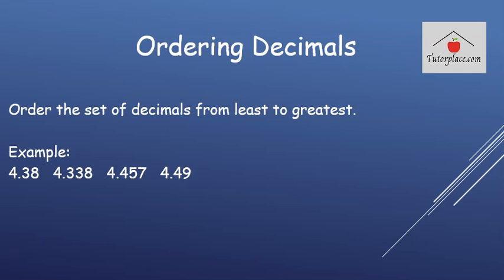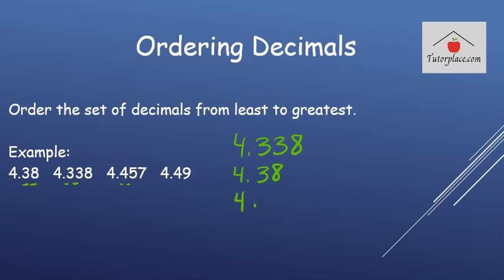Which one is actually the smallest? So I look, I've got a 3 here, a 3 here, they're the same. Then I've got an 8 and another 3. Well, 3 is smaller than 8. So therefore my smallest one, I'm going to make my list over here. 4.338 is the very smallest, followed by 4.38.